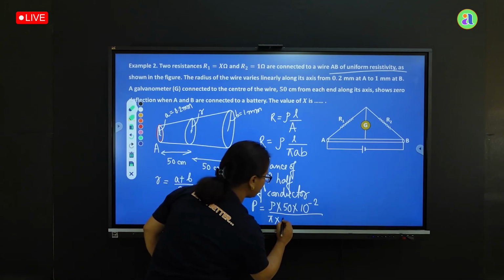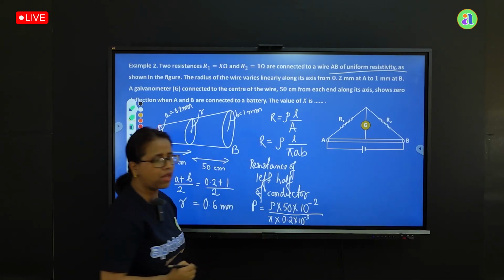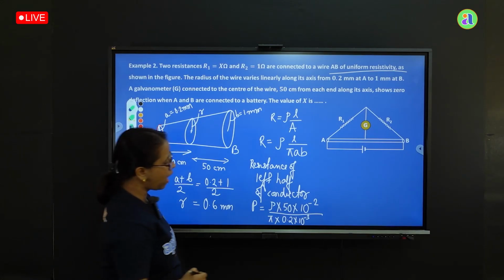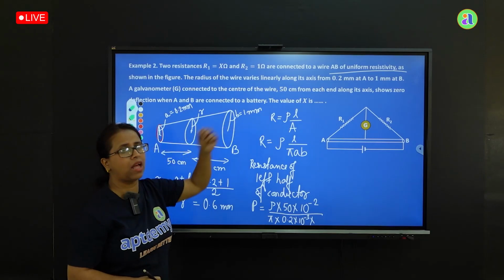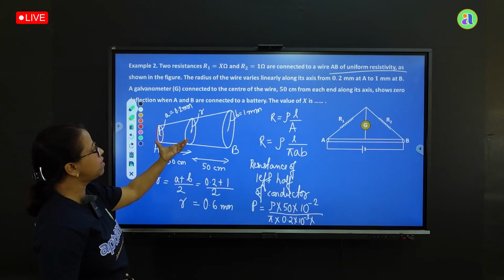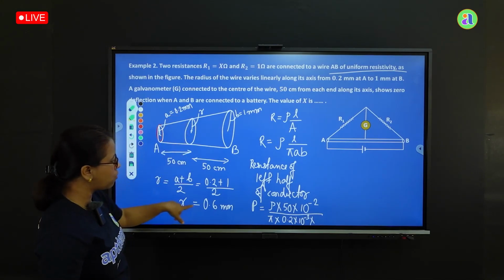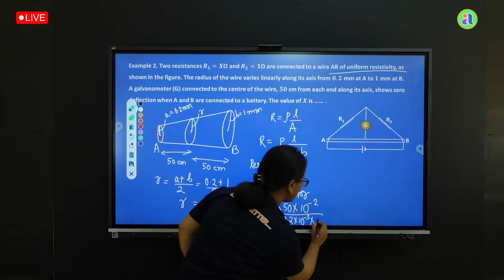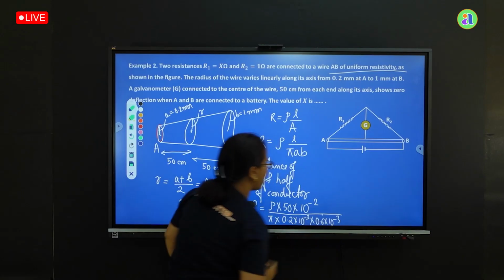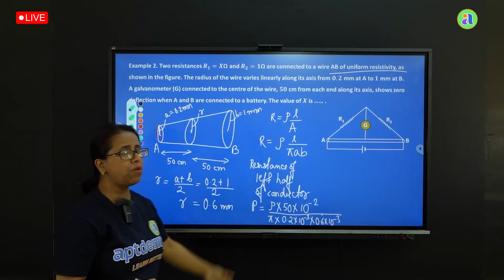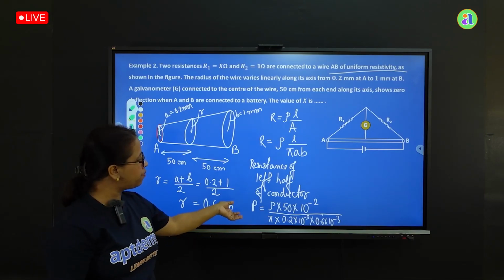This is 0.2 millimeters, so we change that to meter by multiplying by 10 to the power minus 3. And B is not the B we were talking of earlier; we are considering these two points, so B here is actually R, which we found as 0.6 millimeter, so 0.6 times 10 to the power minus 3 again, as we are doing the sum in SI units. So this is the value of the resistance of the left half.